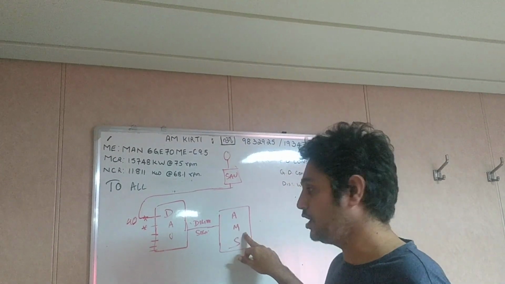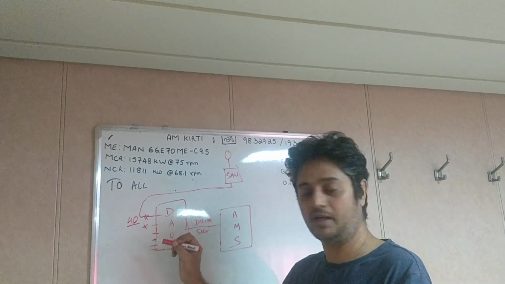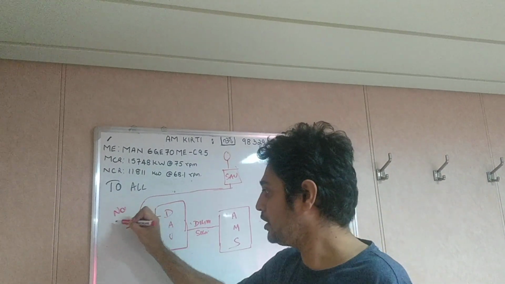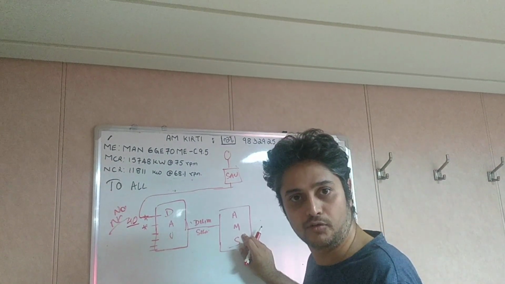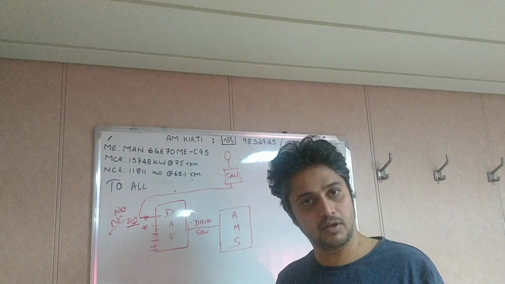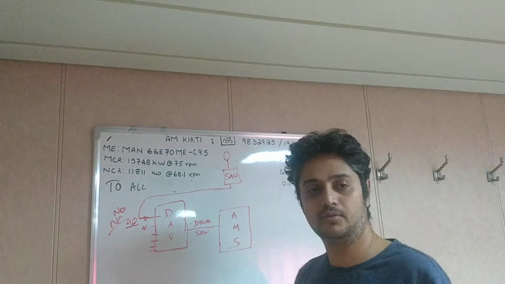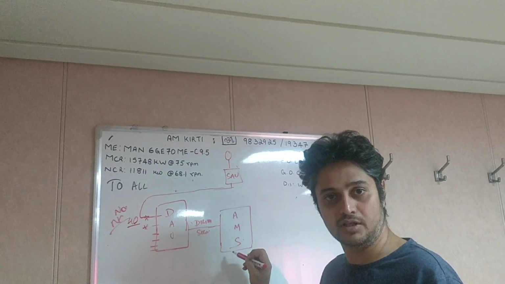You have to tell the AMS, suppose you want to make this circuit NO normal and give an alarm when it comes to NC, the same has to be integrated in the AMS software. So for this, sometimes they will give the password, then you can configure, and they will give you the procedure for the configuration.